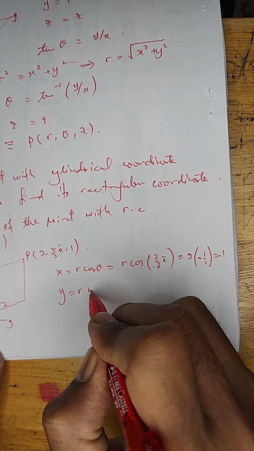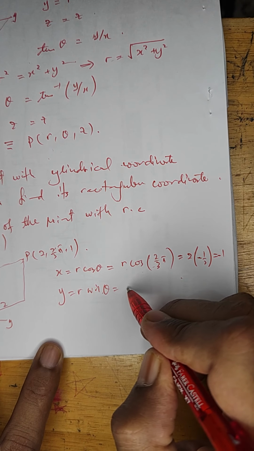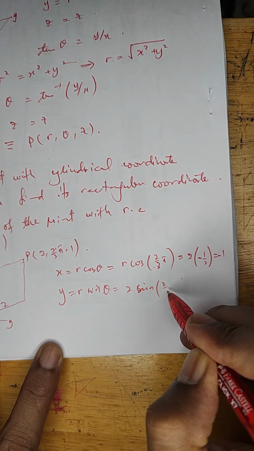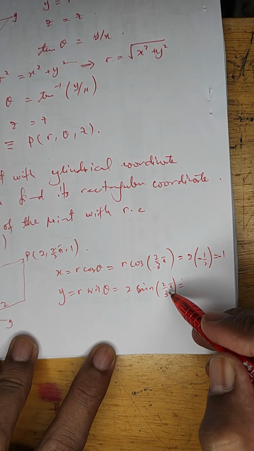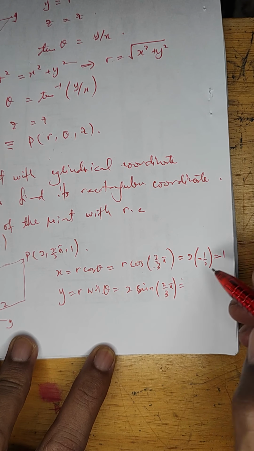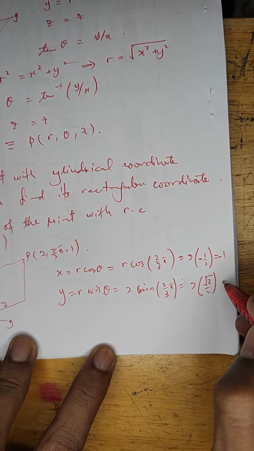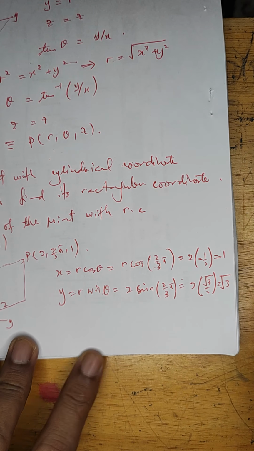And then for y we have r sine theta. Our r is 2 sine 2 over 3 pi. Okay, and sine 2 over 3 pi is square root 3 over 2, so this is equal to square root 3.